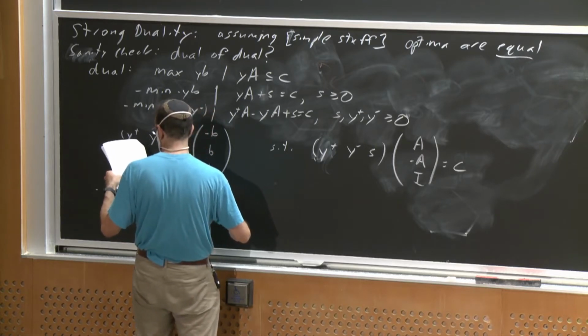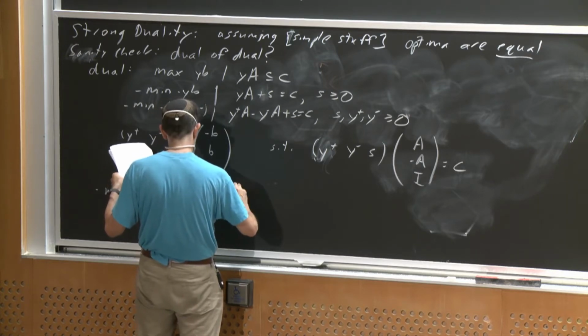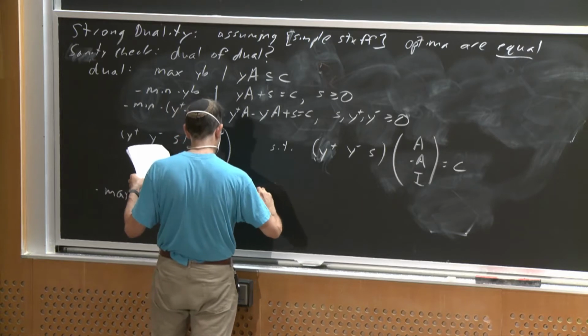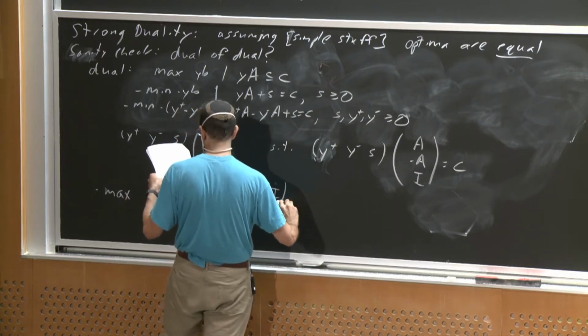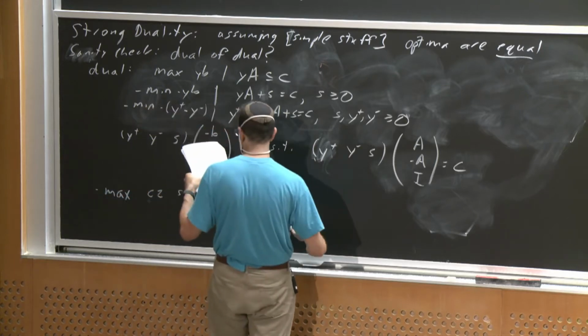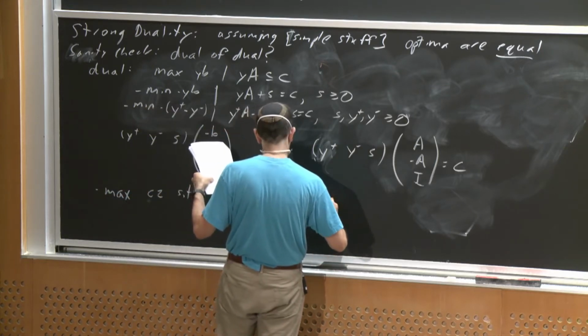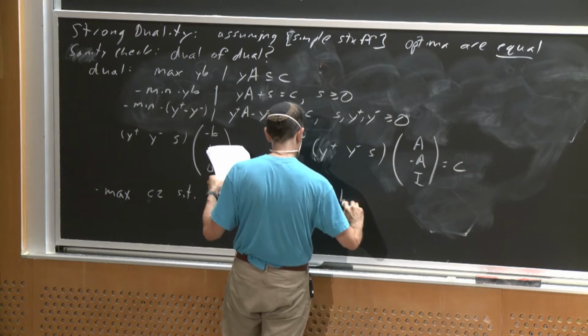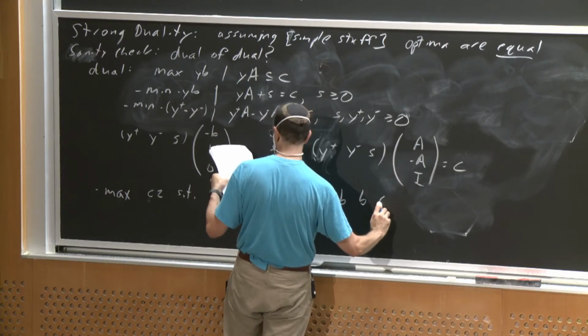A, minus A, I times z, the dual variables, are at most minus b, b, and 0.